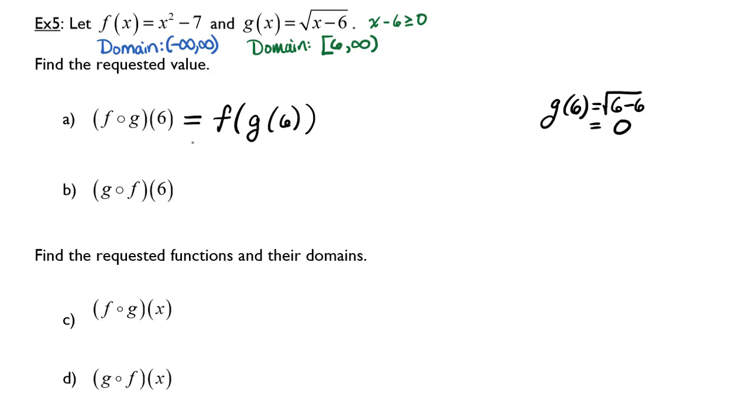That means that f of g of 6 can be rewritten as f of 0, and we know that if we're substituting 0 into the function f of x, we can rewrite this as 0 squared minus 7. If we simplify that, we know that f of g of 6 is equal to negative 7.